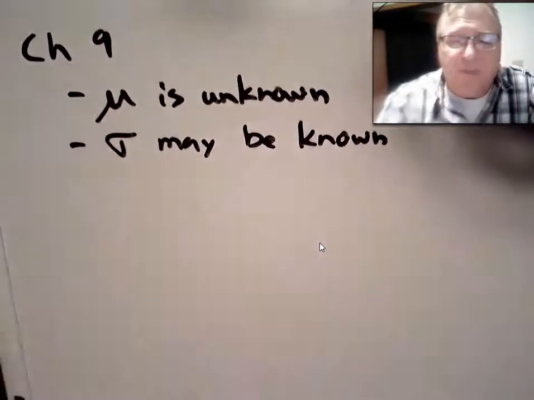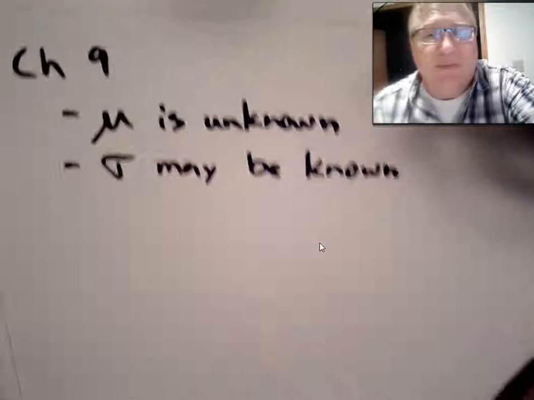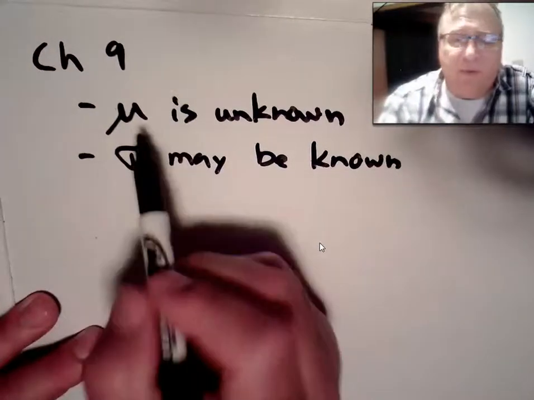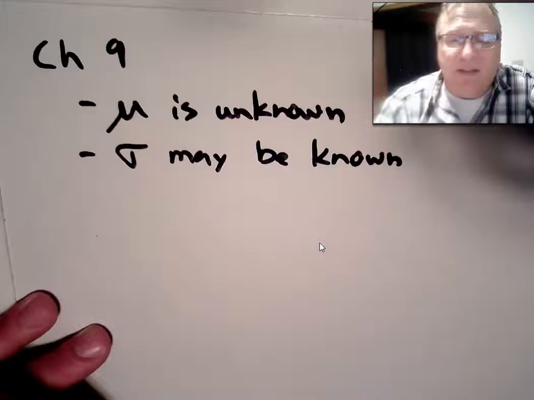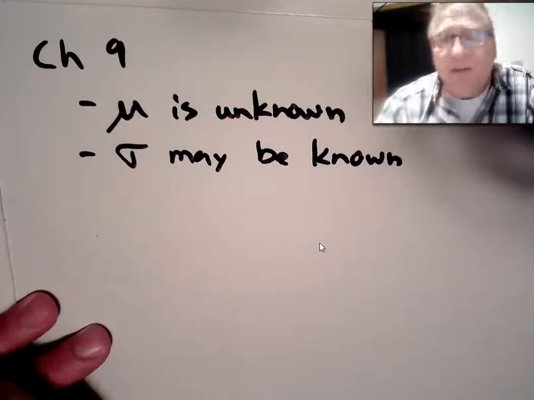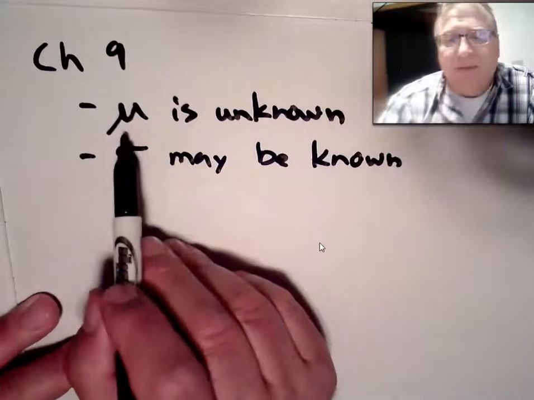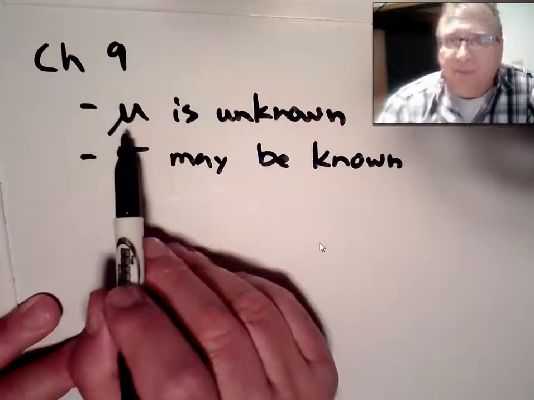And it's important when we look at these problems, and in particular our critical thinking problem, to think about whether we're given the population statistics, the mean, and the standard deviation. Well, first of all, we're not going to be given the population mean.